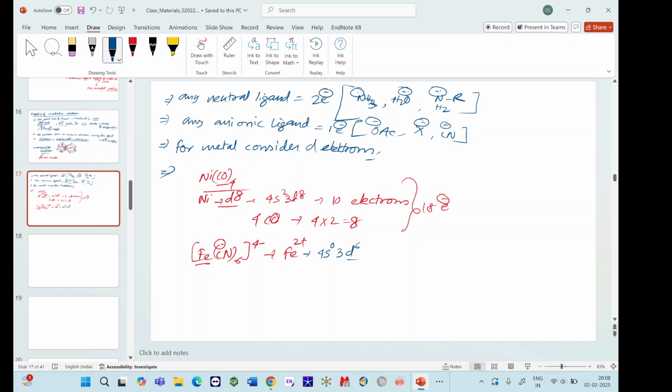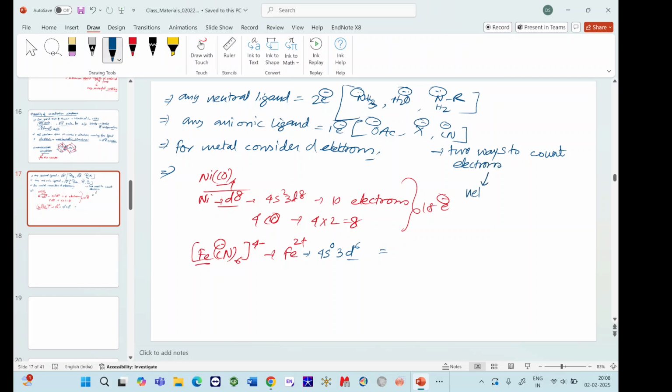So now check cyanide. Here one more thing you have to remember. There are two ways to count electrons.